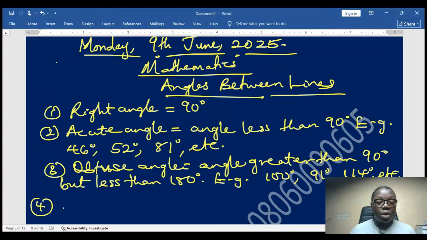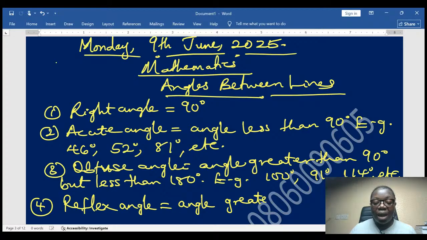Now, the next one, we have reflex angle. Reflex angle is an angle that is greater than 180 degrees, but less than 360 degrees.